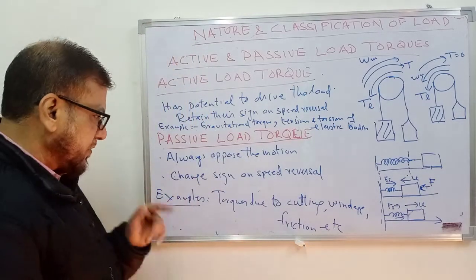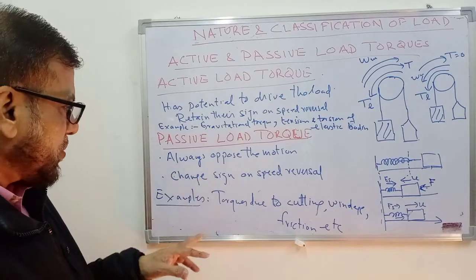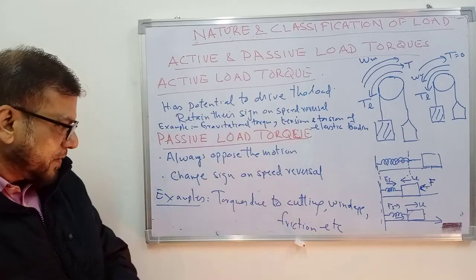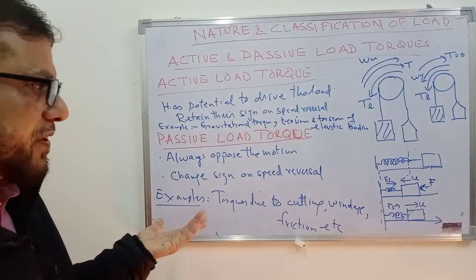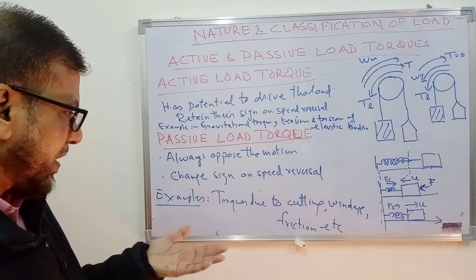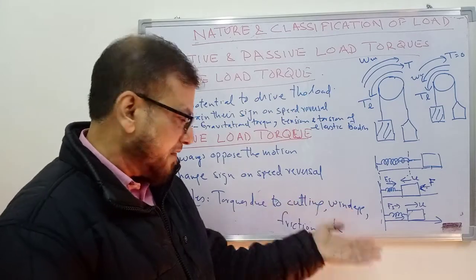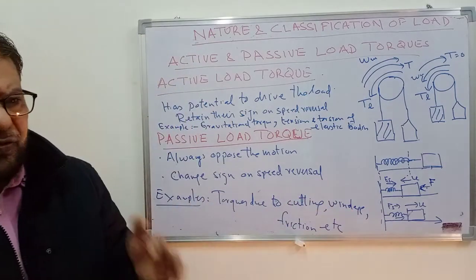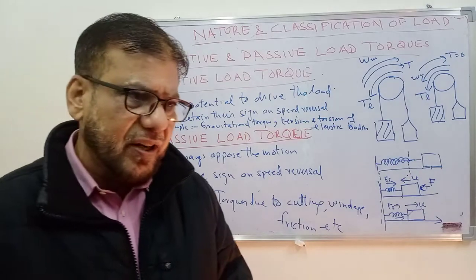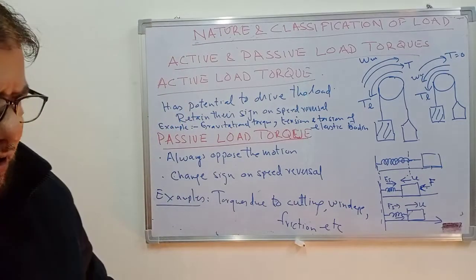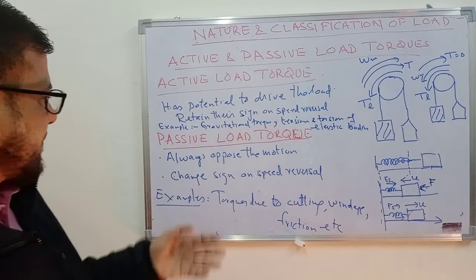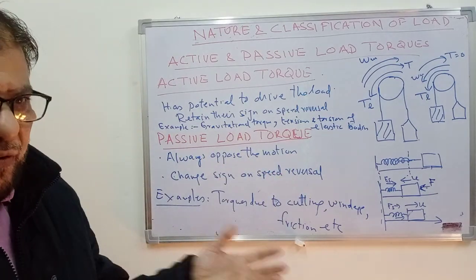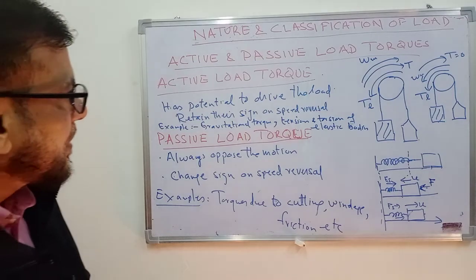So such a force always opposes the motion and changes its sign on speed reversal. Examples of this type of torques are torque due to cutting, windage, friction. In all this type of load, fans, blowers, compressors, etc., they always oppose the motion, and they may be classified as passive load torque. So this is all for today's lecture.